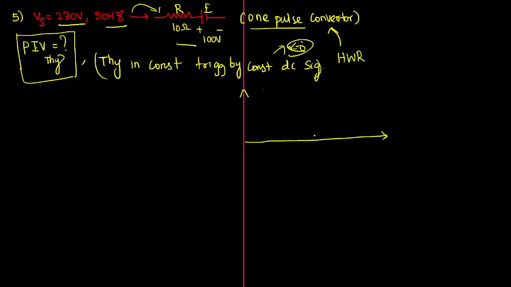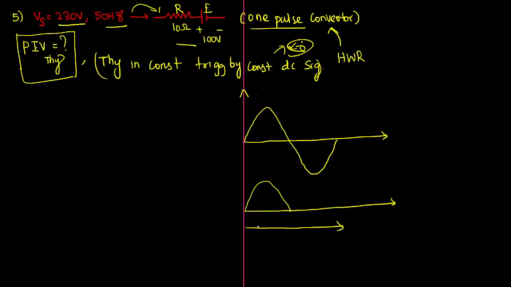In a single phase half wave rectifier, on the input side we give a 360-degree waveform, with 2 half cycles in the input, but if you observe the output, you will receive only one pulse. This is called a one pulse converter. One pulse means half wave rectifier.